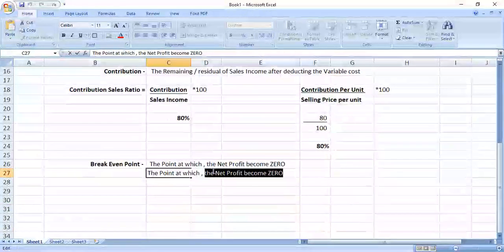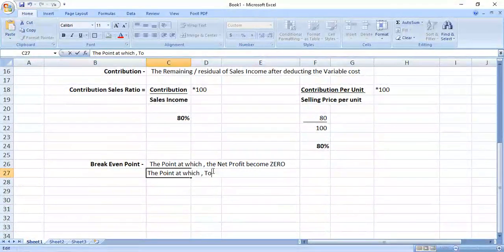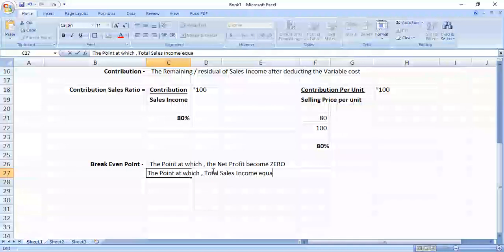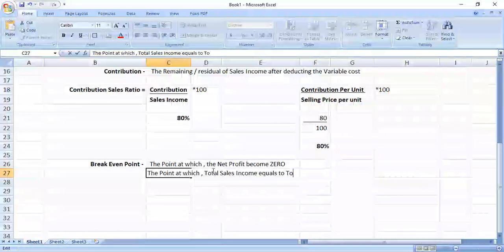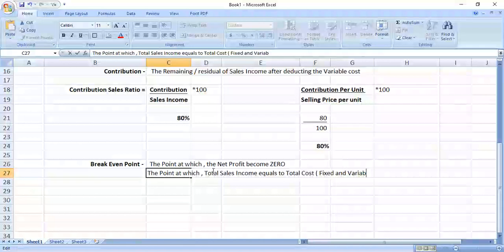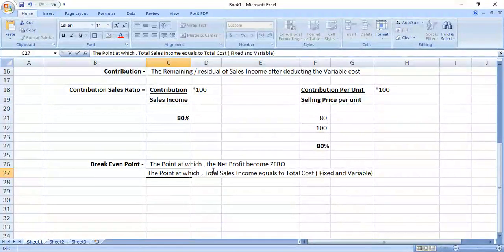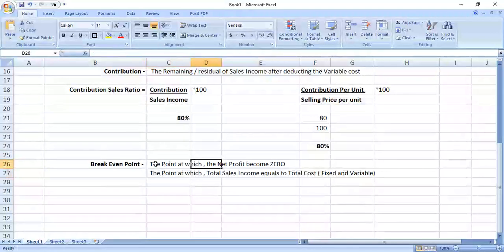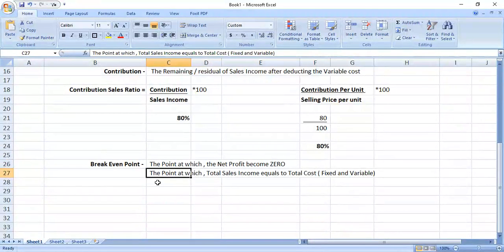So you can say the point at which total sales income equals total cost. Total cost means fixed and variable, both. You have to deduct both to arrive at the profit. So if your net profit is zero, your total income should equal the total cost.